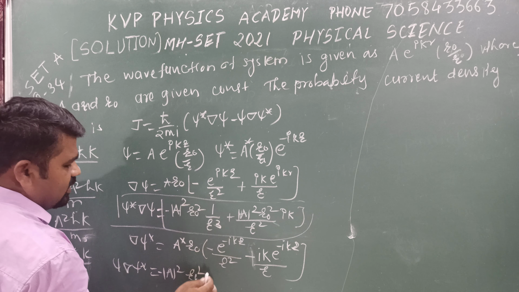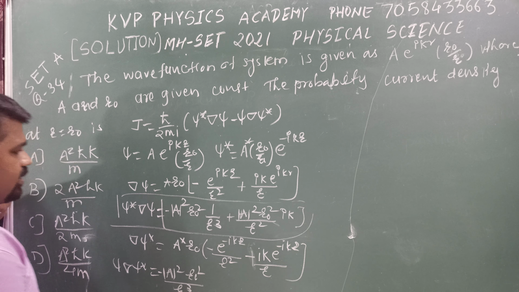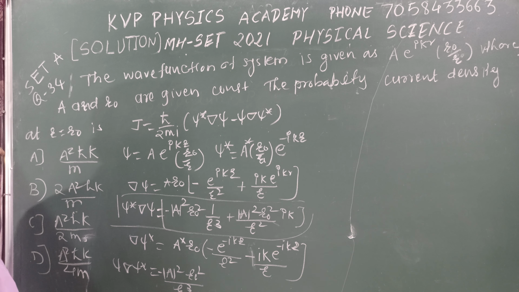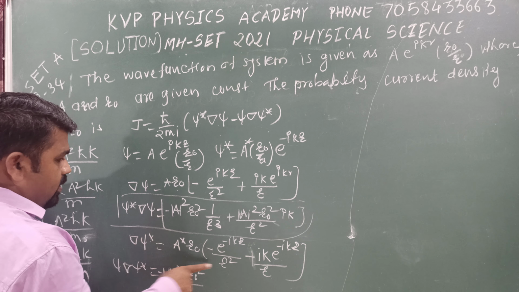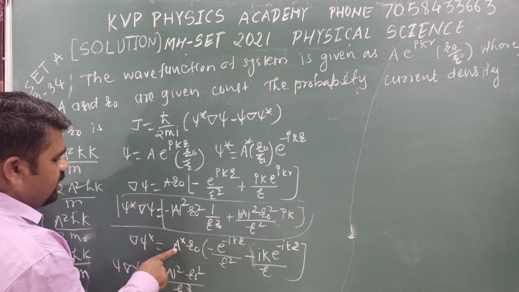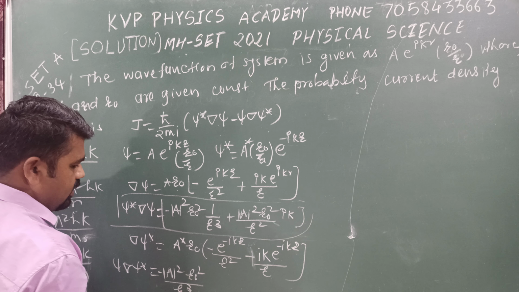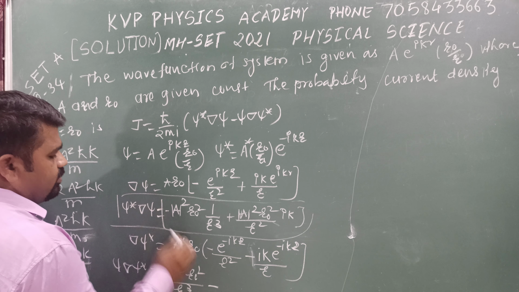And here plus and minus get cancelled, divided by r³. Got it? Mod A squared r₀ squared upon r³. Here the sign is minus, here also the sign will be minus. Next, the second part, A* A, means here is minus A* mod A squared.